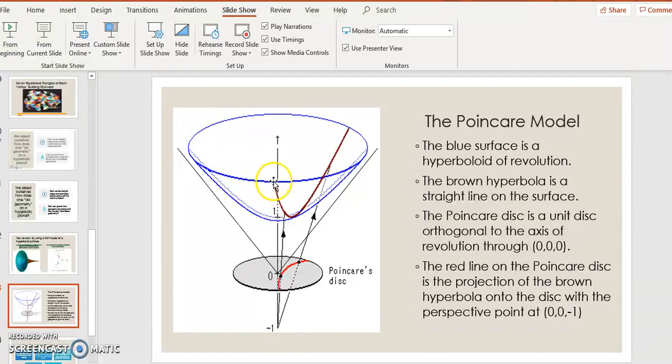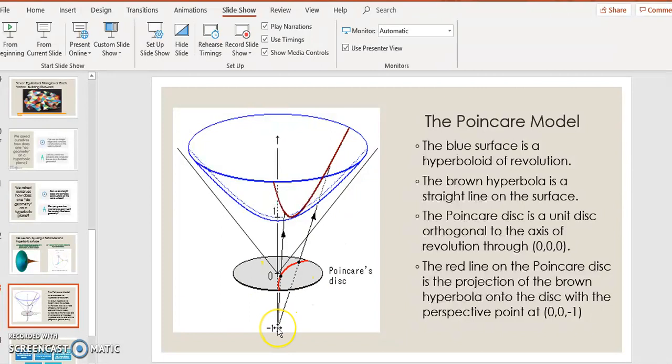If we think about our bug walking along a straight path, he can go straight ahead, straight ahead, straight ahead, neither turning left nor right, and go off the other end here at infinity. That's considered a straight line path on a hyperbolic surface. We want an equivalent structure down here on the Poincaré disk.